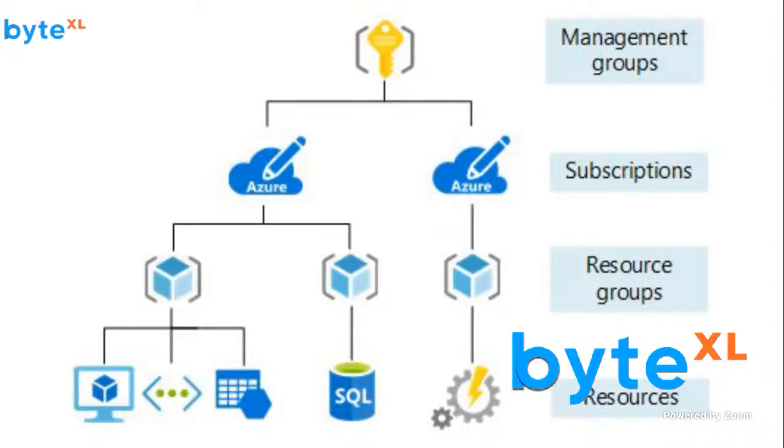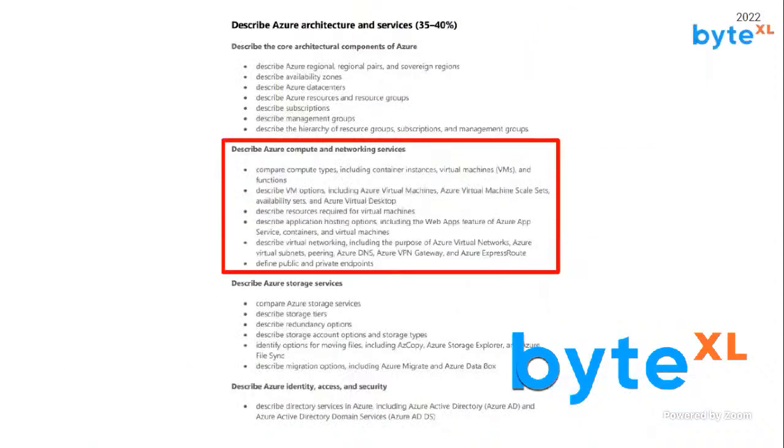Cool. I hope you are all able to understand the concepts, mainly with respect to the architectural part: what an Azure region is, what Azure regional pairs are, and the sovereign regions, which are the US government and China. Also the availability zones, the Azure data centers, Azure resources, resource groups, the different kinds of subscriptions you can take, and what a management group is from a hierarchy perspective and how many levels you can go.